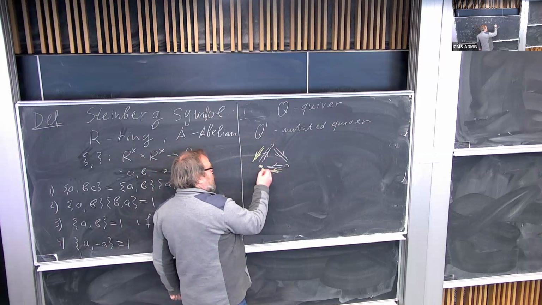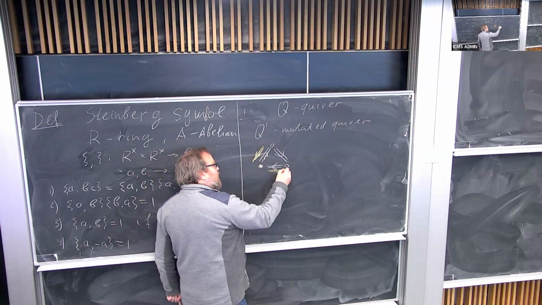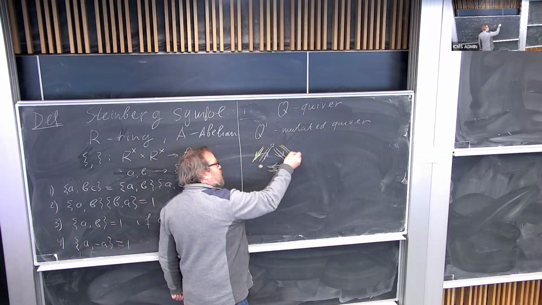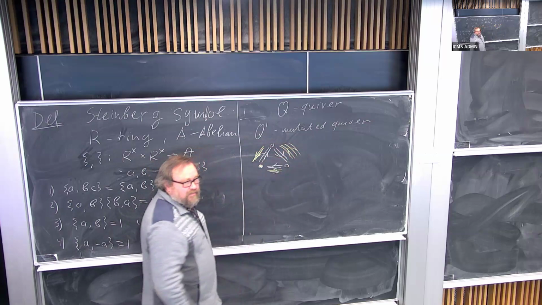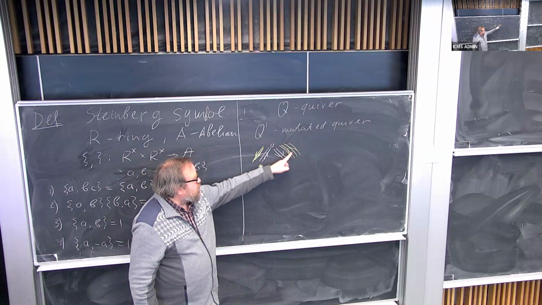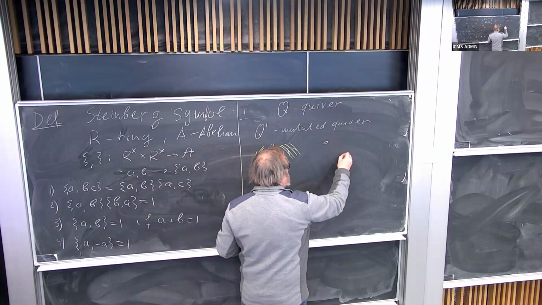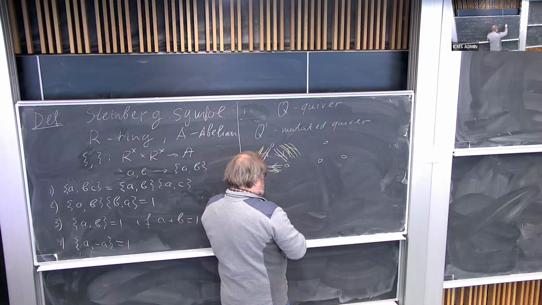Well, you have here, yellow, the entering and leaving. So you have 4 arrows in this direction. And then you contract. So you have 2 arrows in one direction, 4 in another. So you just obtain the quiver, which looks like that.